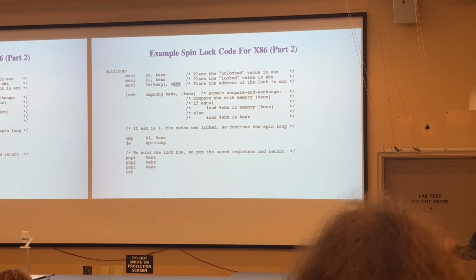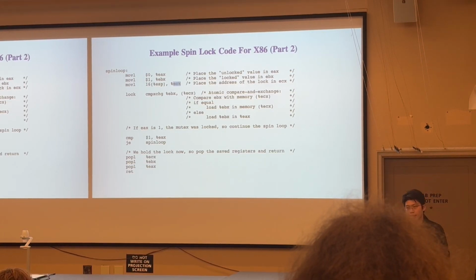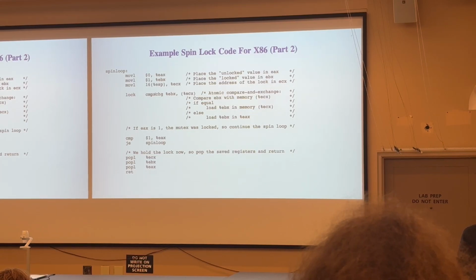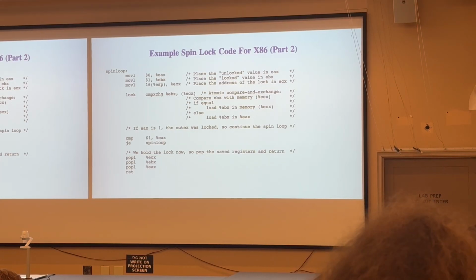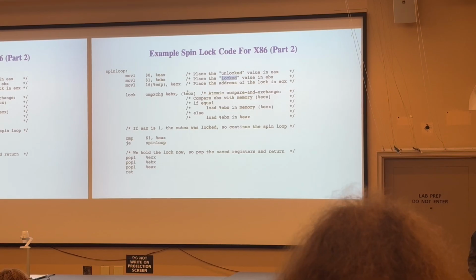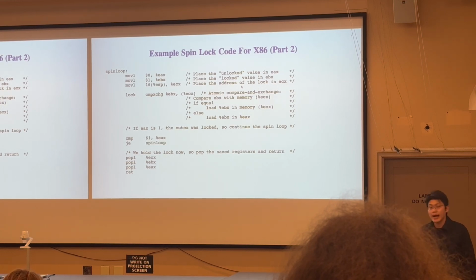This ECX means that in memory you use this location as a lock. Then you use this compare and exchange operation on EBX and ECX. EBX is the lock value. ECX, you can imagine, is the current value of the lock.